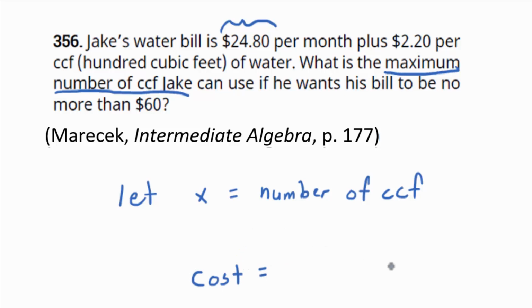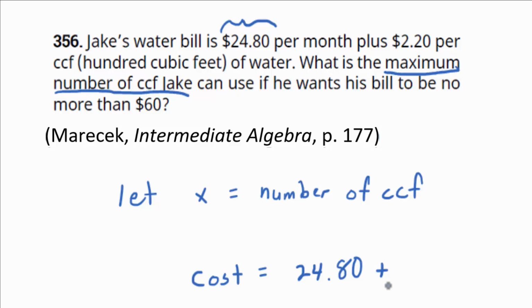Cost is equal to $24.80 no matter what, so I'm going to write it down so I don't forget it. And then I have to add that to what? How do we use the unknown x to compute the number of cubic feet that he uses? Well, x is the number of cubic feet, but we use that to figure out how much he's going to be charged for the number of cubic feet that he uses.